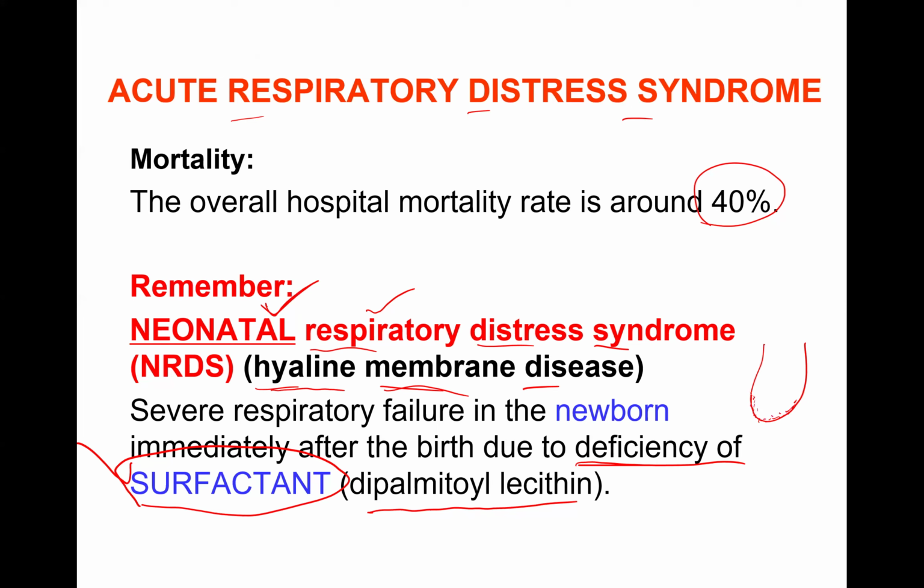If the surfactant is not produced, then this alveolus will be shrunken, smaller. So the child is suffering from severe distress due to lack of expansion, constriction of the alveolus.